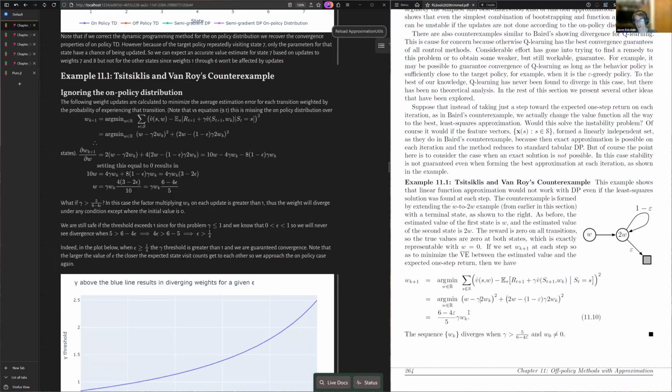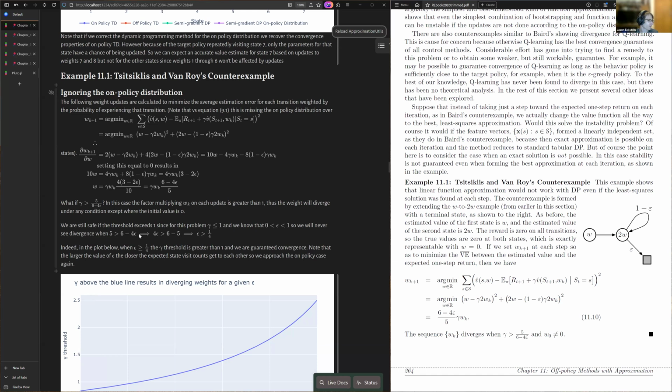So if the threshold we get is greater than 1, then we don't actually have a problem, because the problem is only going to be unstable if gamma is greater than that threshold, which it will never be. We can see here that if we take this quantity, 5 over 6 minus 4 epsilon, as long as gamma is greater than this, it doesn't diverge.